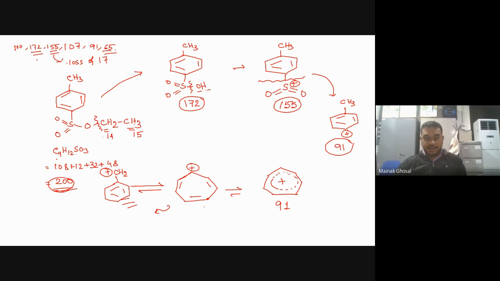This is a 7 carbon ring, C7H7 plus. So whenever you are getting this 91 peak, you should not write the toluene there. This is due to this methyl and this tropylium ion.